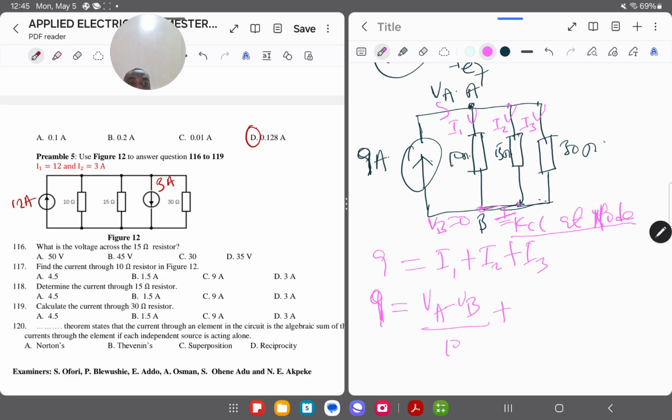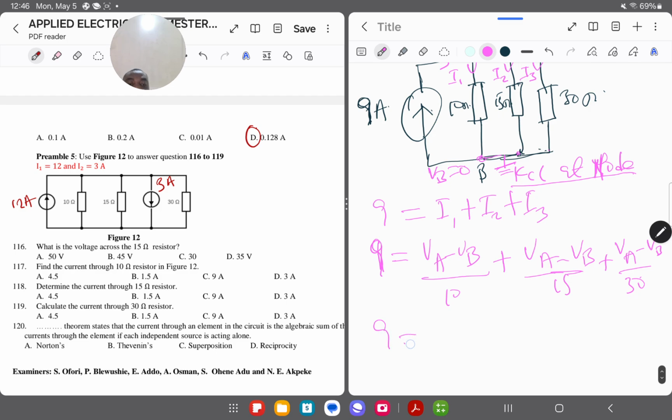The same is going to apply for I2, which is V1 minus VB, then between the nodes we have 15 ohms. Then the last one is VA minus VB, and here we have 30 ohms.